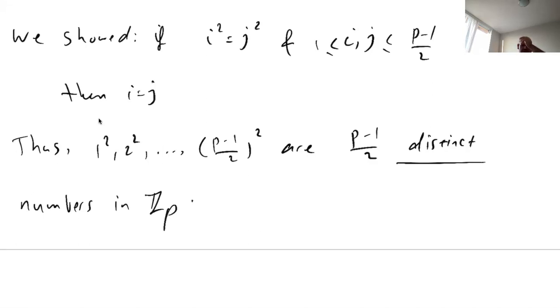So I'll repeat the reasoning one more time. If the squares of two numbers are equal, then the numbers must be equal, as long as the numbers are between 1 and (p minus 1)/2. And here I have a list of numbers that are all between 1 and (p minus 1)/2. And because the numbers are distinct, any two of them are distinct, therefore the squares of any two of them must also be distinct. So here I have the list of (p minus 1)/2 distinct numbers in Zp, which is the list of all quadratic residues in Zp.